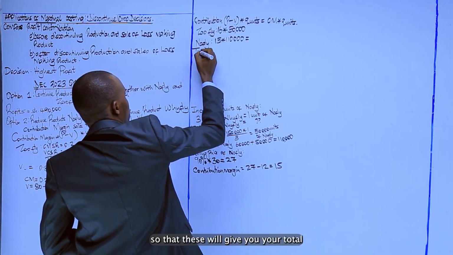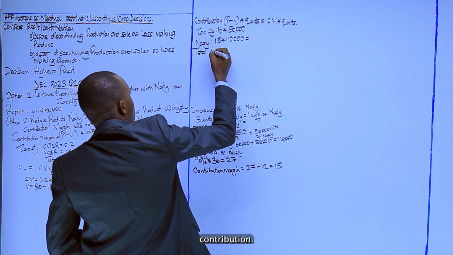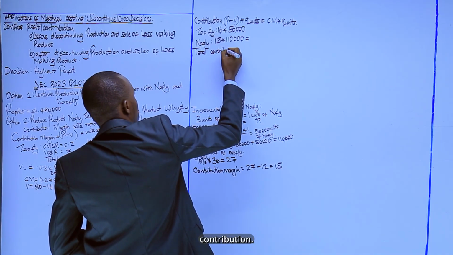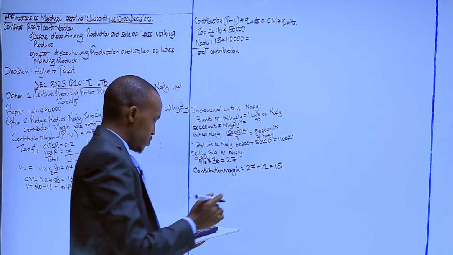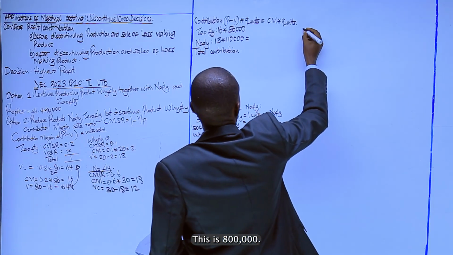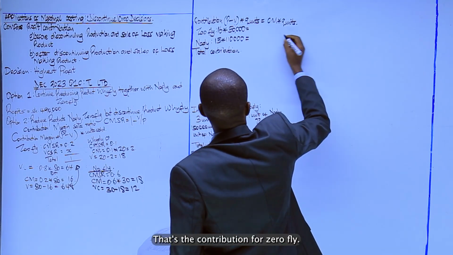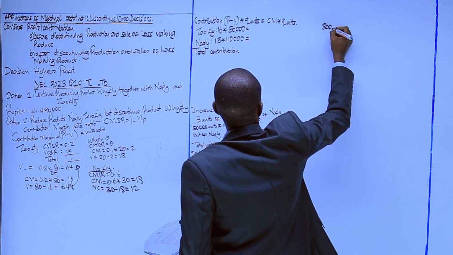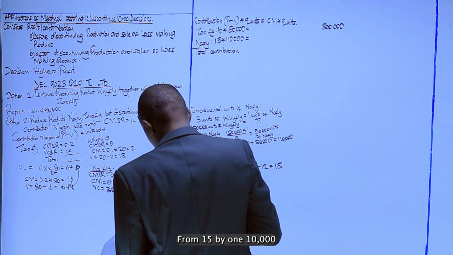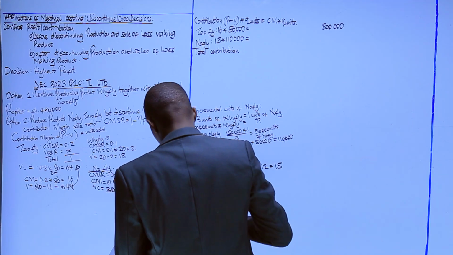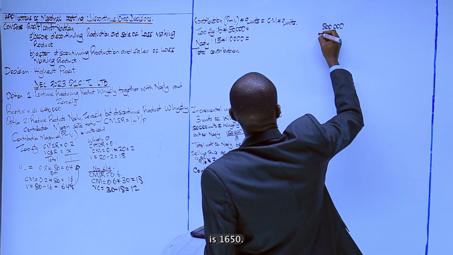This will give you your total contribution for No Fly. 15 by 110,000 is 1,650,000.